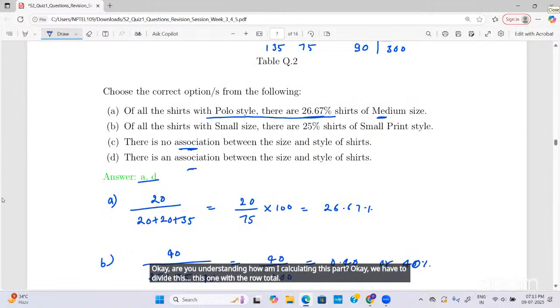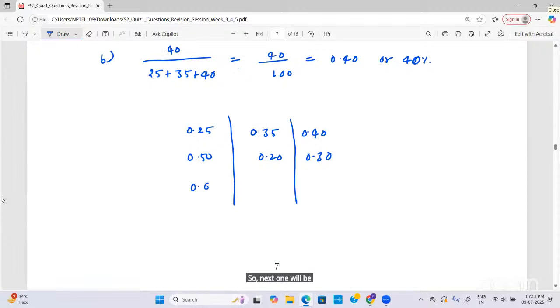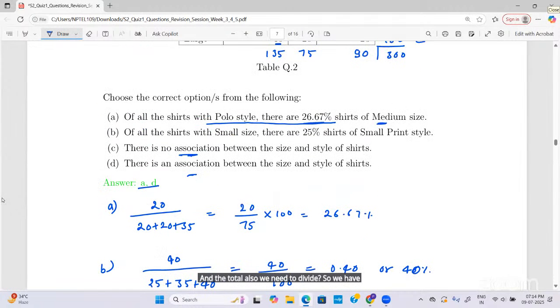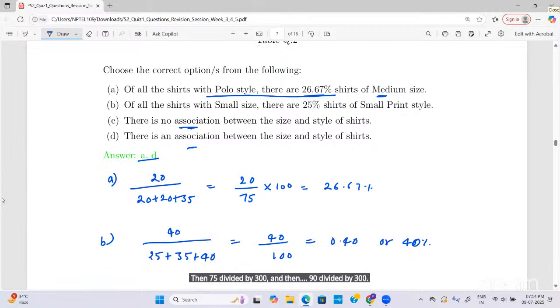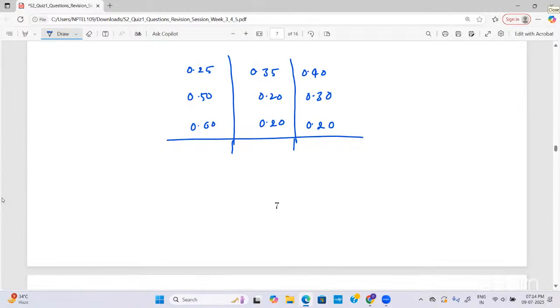So next one will be 0.60, 0.20 and 0.20 again. And the total also we need to divide. So we have 135 divided by 300, then 75 divided by 300, and then 90 divided by 300. So it will be 0.45, 0.25, and 0.30.